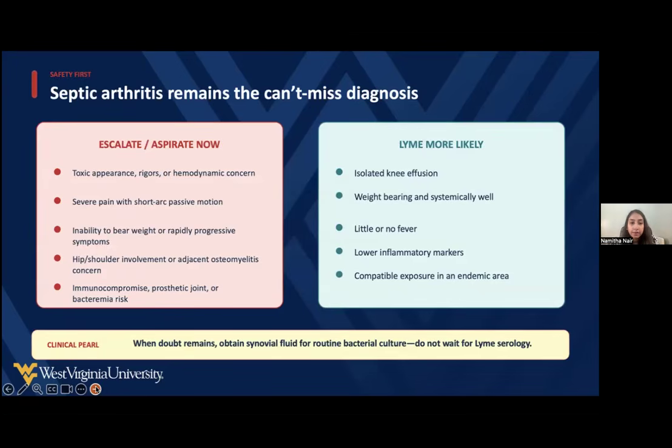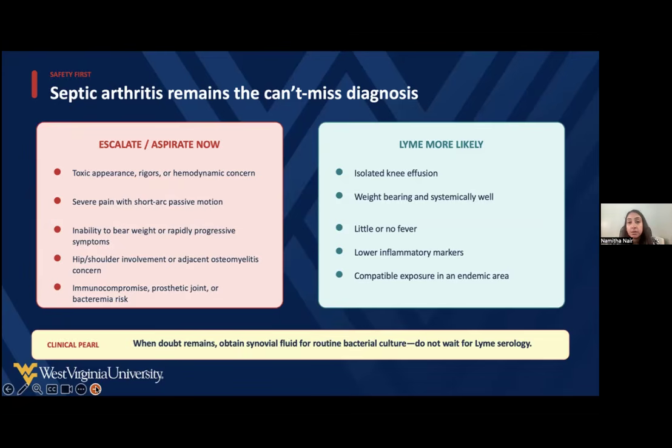So safety first. I know I'm harping on this a little bit, but this is something that we tend to miss very commonly. If you still have concerns and you're not sure whether Lyme's would be the only etiology, don't hesitate to aspirate the joint. Especially if the patient is also reporting some systemic symptoms, or is not able to bear weight, there's a superficial infection nearby like cellulitis, or there's concern for a deeper osteomyelitis.